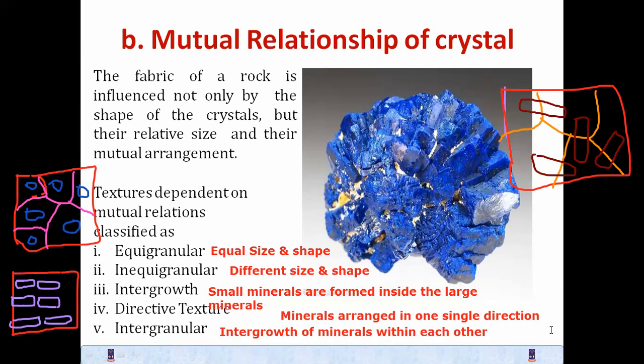In the inequigranular type of texture, आता inequigranular type of texture मध्ये एक स्पेशल टाईपचं टेक्स्चर आहे. जस्ट मिनिट, आय विल शेअर दी व्हाईट स्क्रीन. आता inequigranular टेक्स्चर जर तुम्ही बघितलं, inequigranular texture.